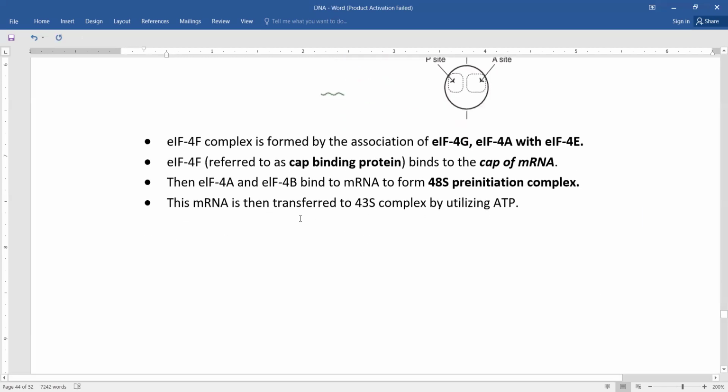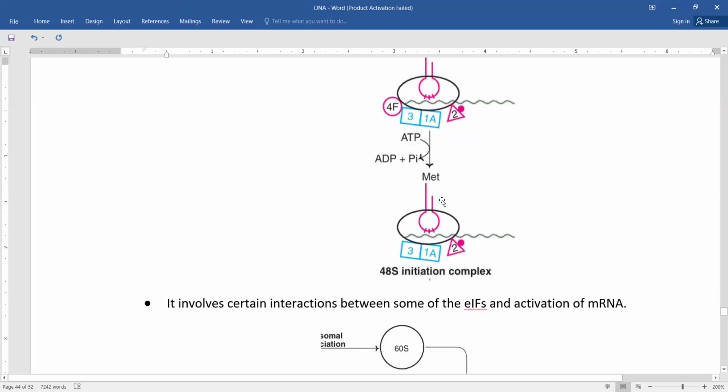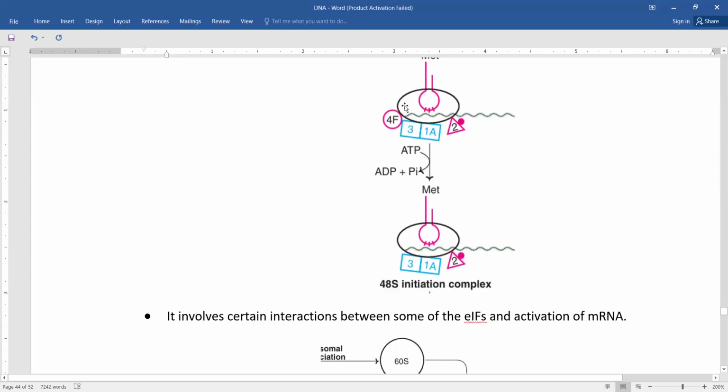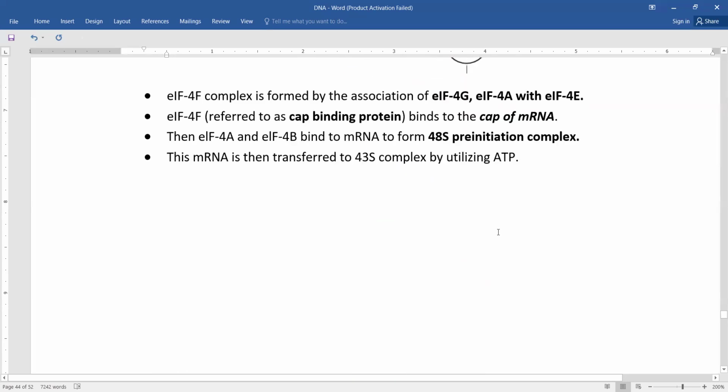This mRNA is then transferred to the 43S complex by utilizing ATP. ఇప్పుడు ఈ రకంగా రెడీ అయినటువంటి this mRNA will go and bind to the 40S small subunit of the ribosome to form the 48S pre-initiation complex with the help of ATP.